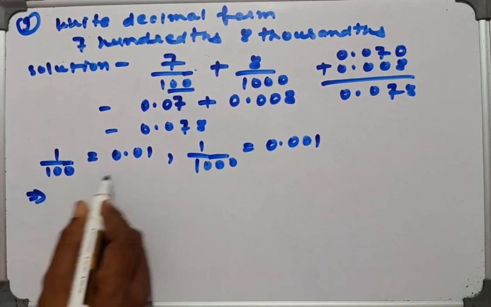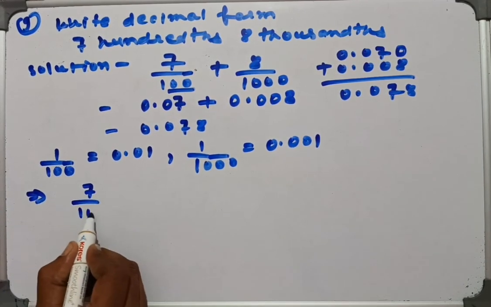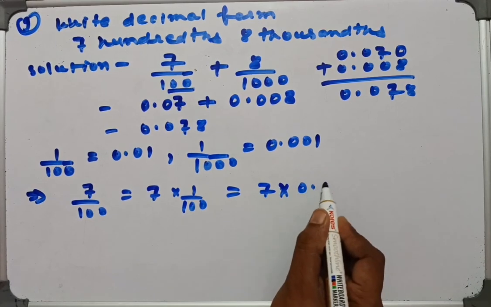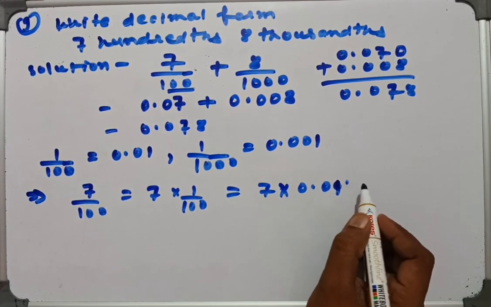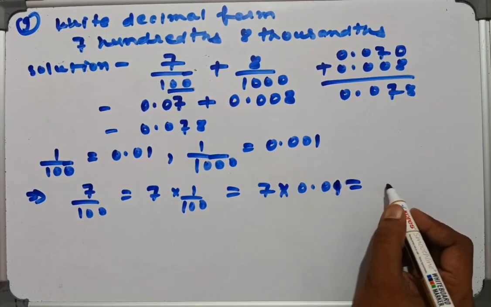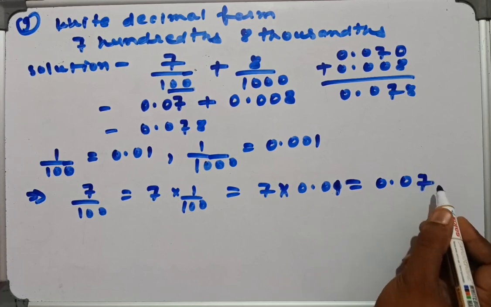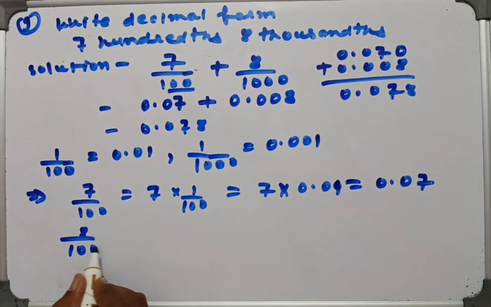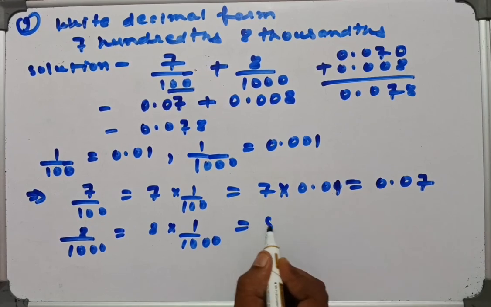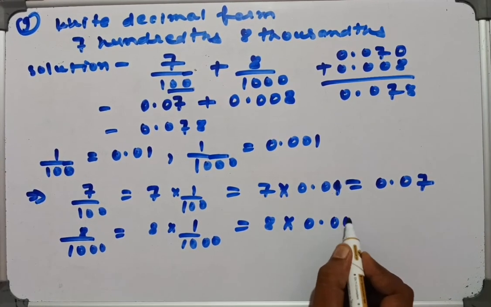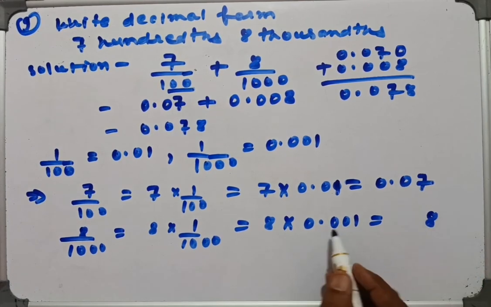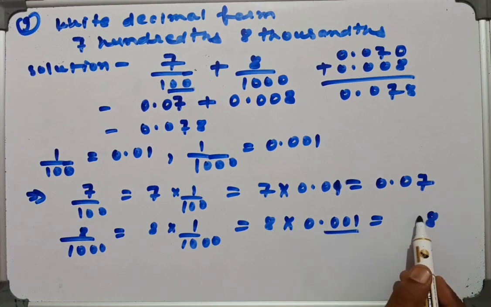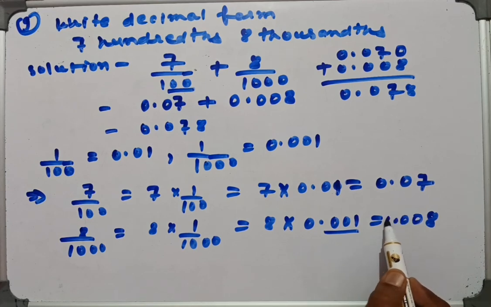Now you can also see 7 by 100 equals 7 into 1 by 100, which is 7 into 0.01, and when you multiply, this becomes 0.07. Or take 8 by 1000: 8 into 0.001 becomes 0.008. Since there are 3 decimal places, you move from right extreme to left, put one 0, another 0, stop here and put a dot.